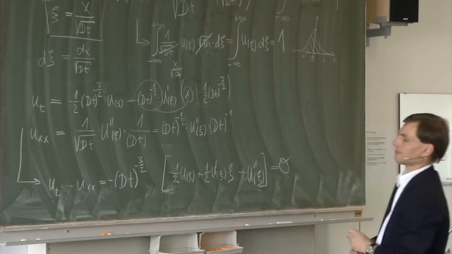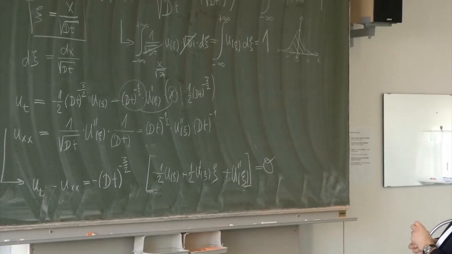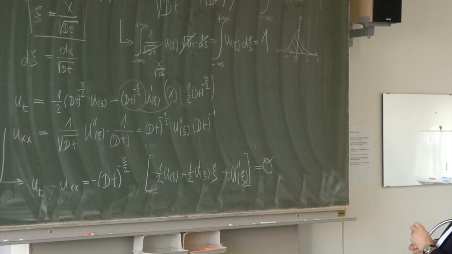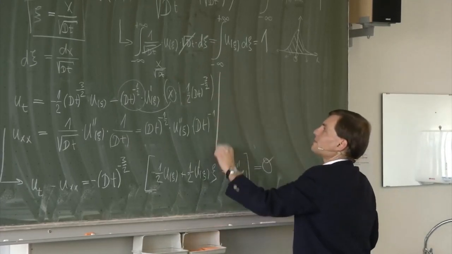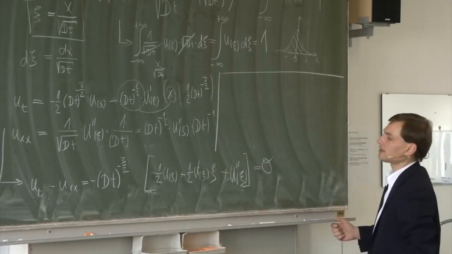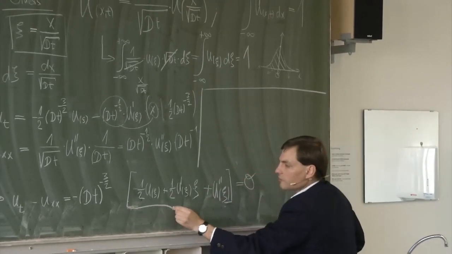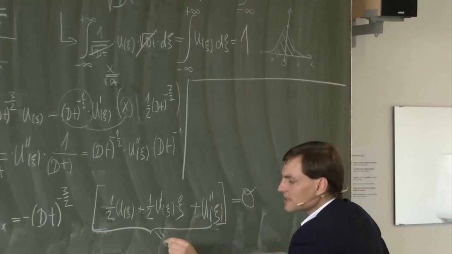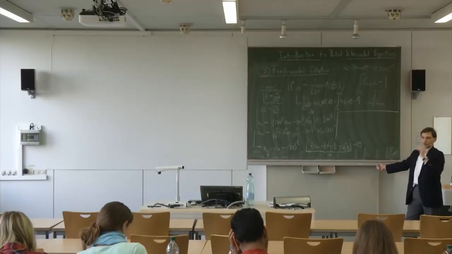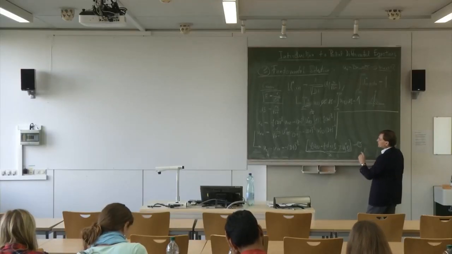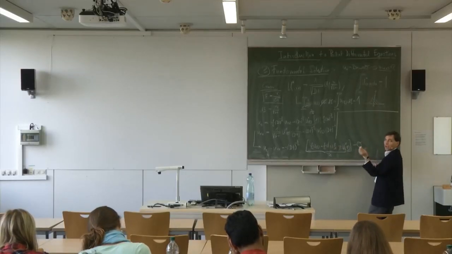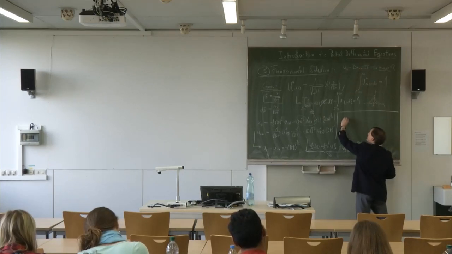So, did I have enough space here on the bottom? No, I don't think so. I squeeze it in here. Yeah? So what I know from this, I see that this must be 0. So, and from this I conclude, let me write what is in the bracket in the following way.